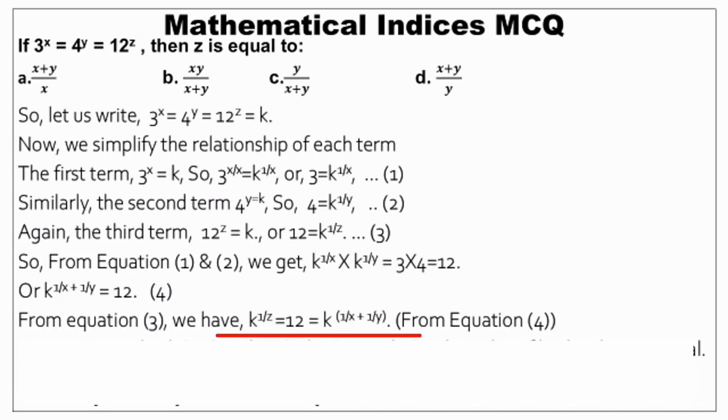From equation 3, we have k to the power 1 by z is equal to 12. So we get k to the power 1 by z is equal to 12 is equal to k to the power 1 by x plus 1 by y, because from equation number 4 we get this relationship.